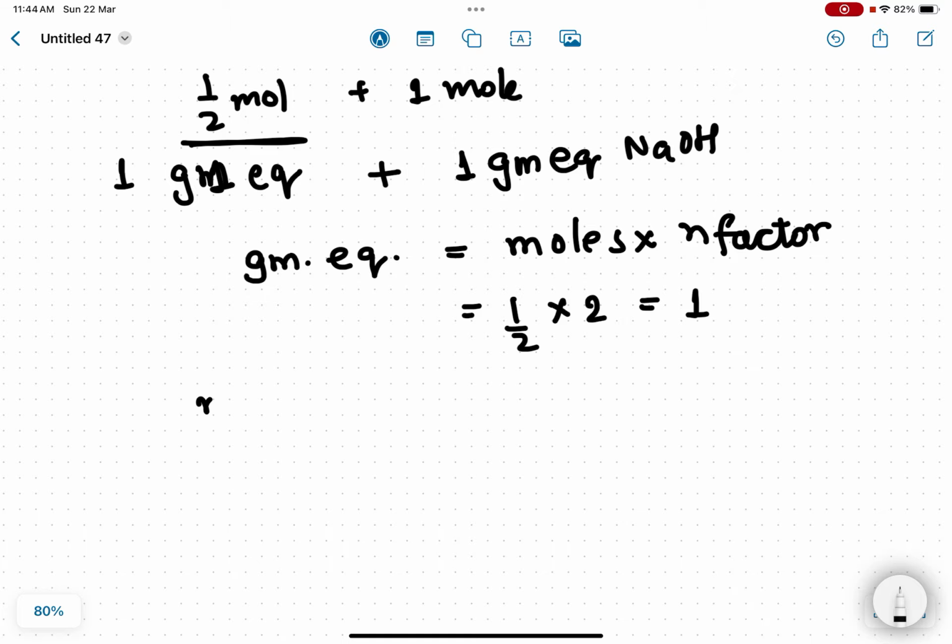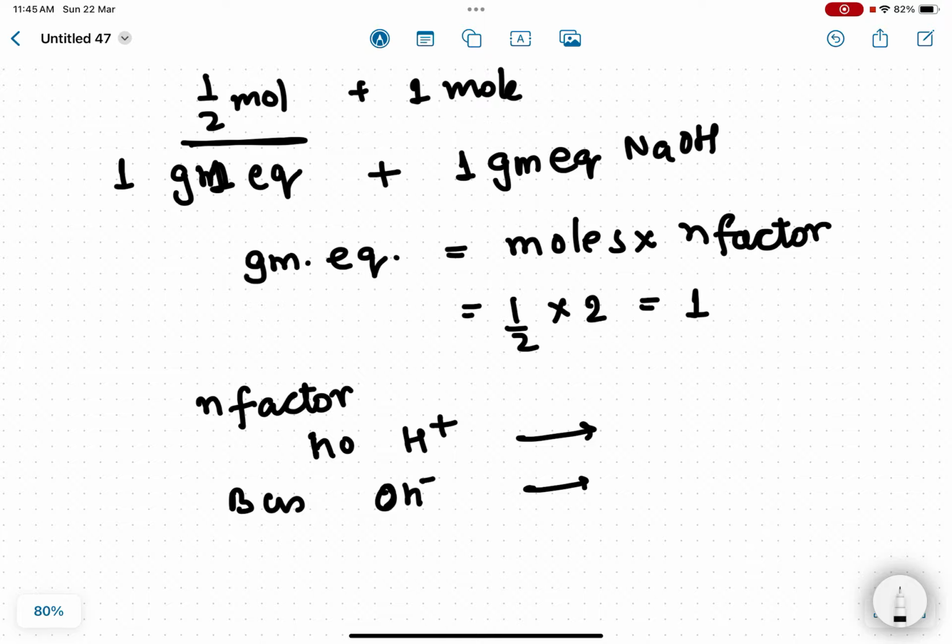Let's understand N factor more. For acids, the number of H+ a molecule of acid can furnish is called the N factor. For a base, the number of OH- a molecule of base can furnish is called the N factor.